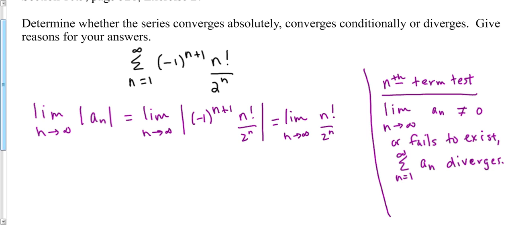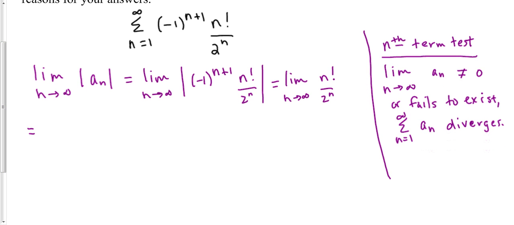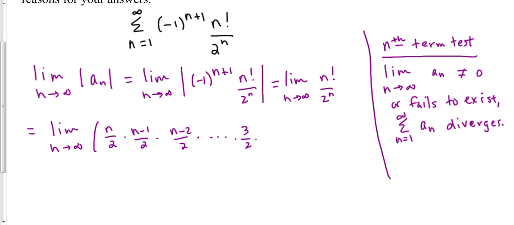Let's write out a few terms of this and see what it looks like. This gives me the limit as n goes to infinity of n over 2 times n minus 1 over 2 times n minus 2 over 2 times dot, dot, dot times 3 halves times 2 over 2 times 1 over 2.